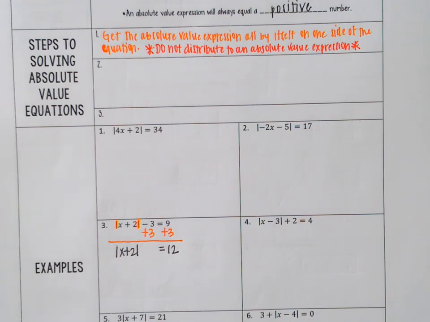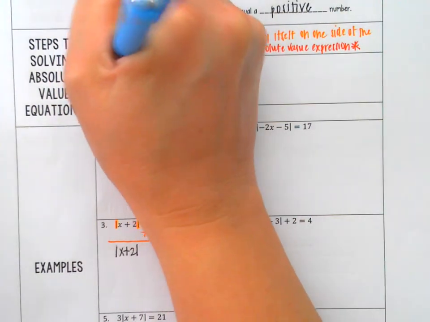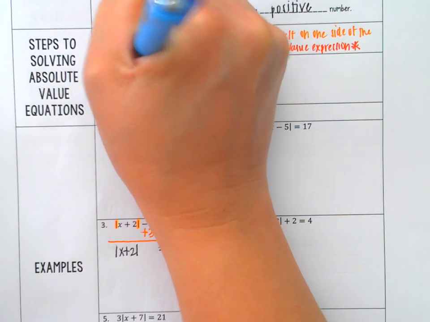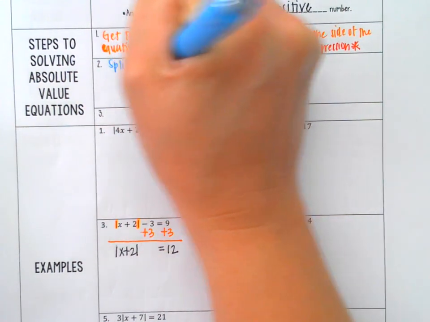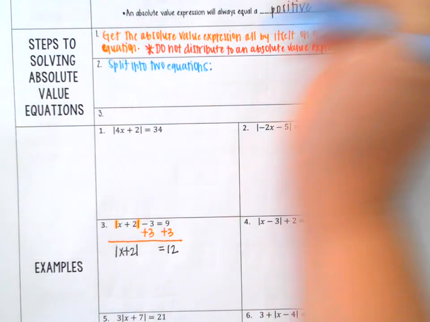So step 2 is to split into 2 equations. The reason we do that is we want to take into account the positive answer and the negative answer. So we're going to split into 2 equations.